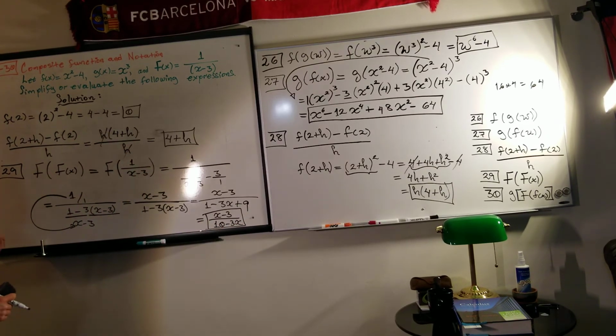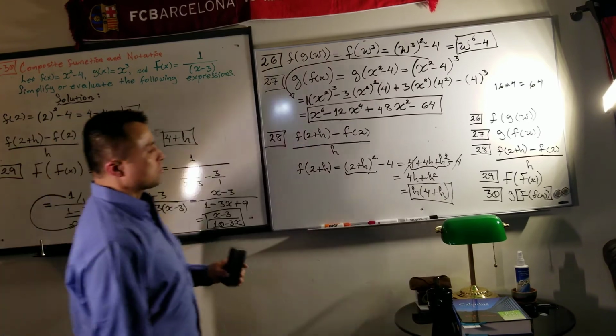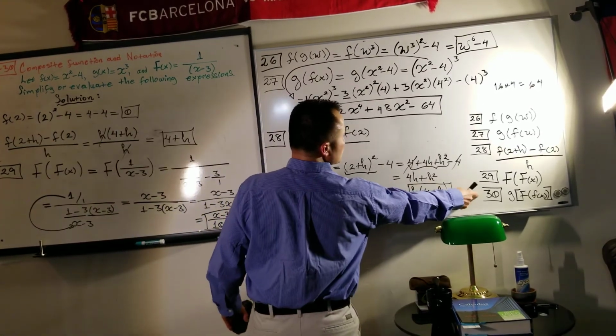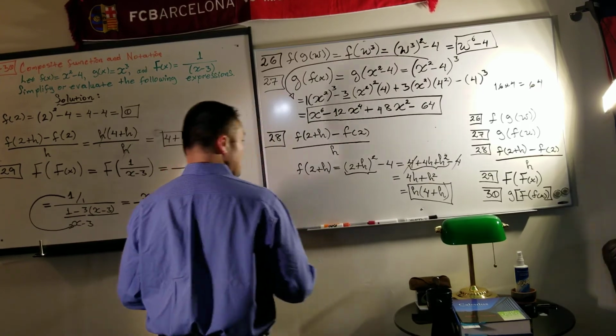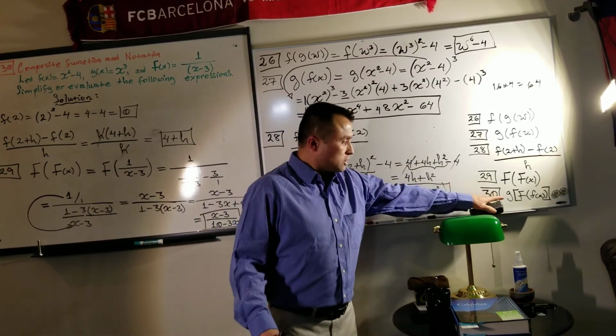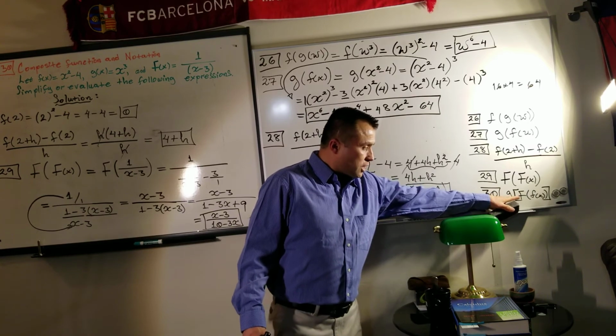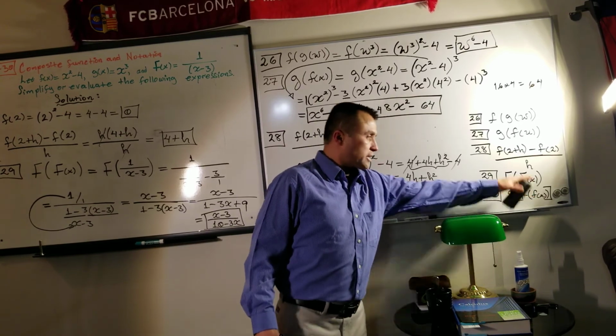All right, and all we have left is just problem number 30, right? And problem number 30 says g of capital F of f of x.